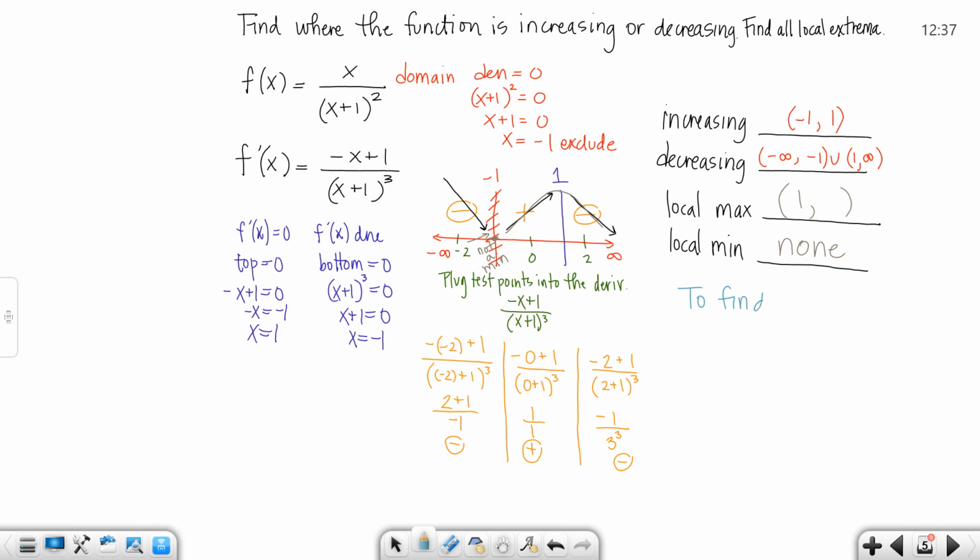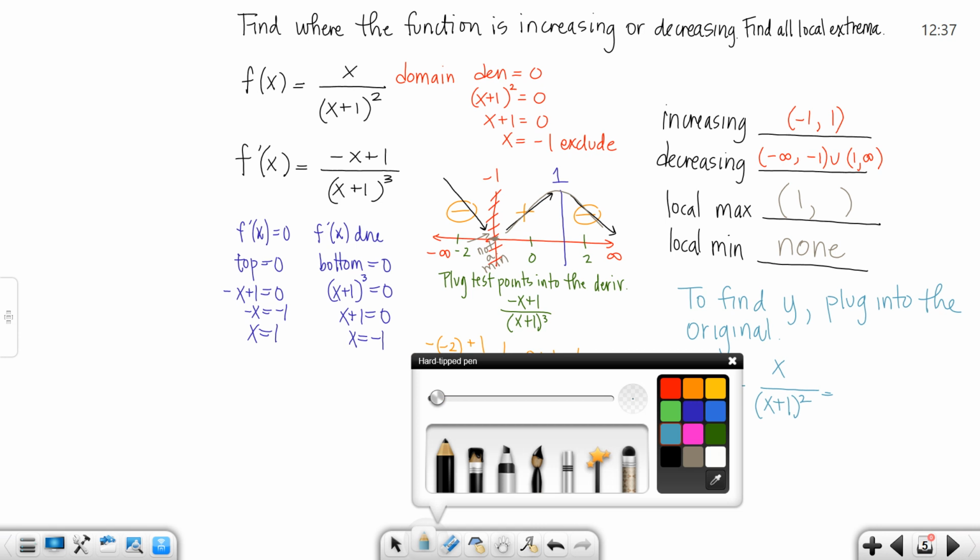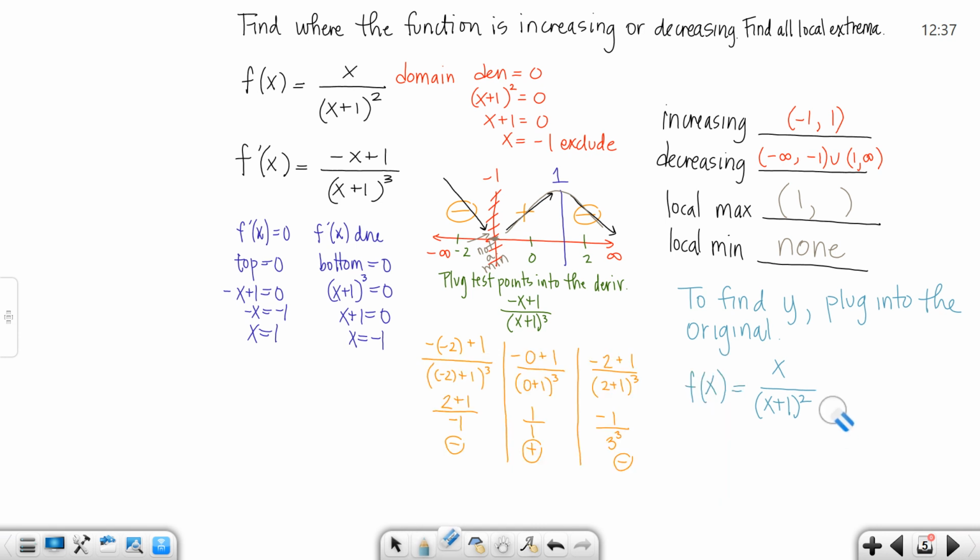To find y, plug into the original. So my original function is x over (x plus 1) squared. I ask you for this one to find f of 1.